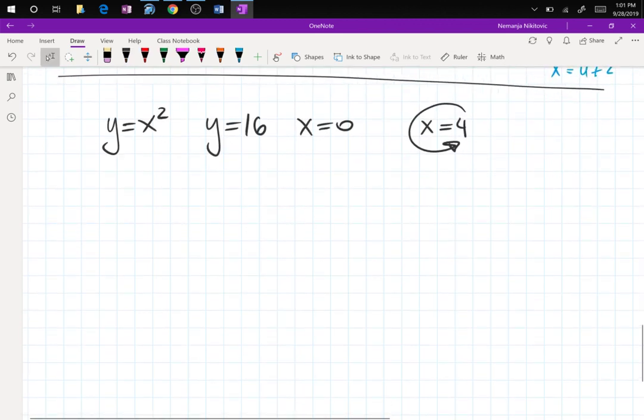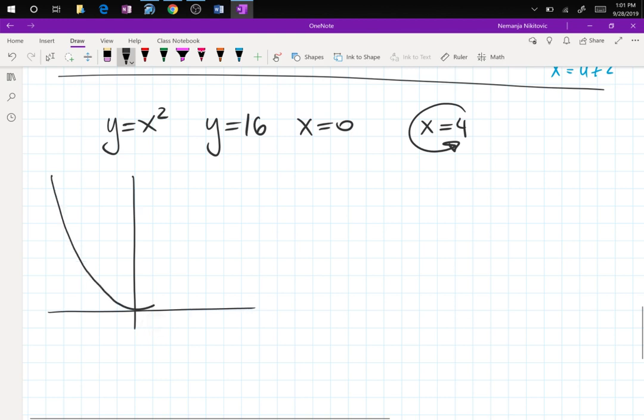Okay, so to graph this one, I'm going to draw x squared. I'm going to draw the line at 4 for rotation. I'm going to draw y equals 16, because since this is x squared, 4 squared is 16, so they have to intersect there.